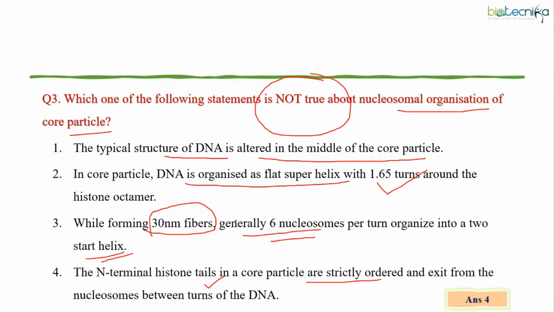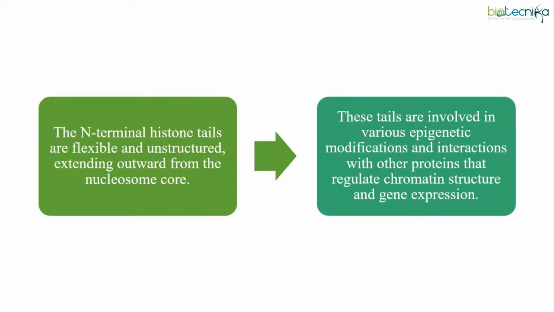So the correct answer over here is 4. Option 4 is incorrect: the N-terminal tails in a core particle are strictly ordered and exit from the nucleosome between the turns of the DNA. That is incorrect. N-terminal histone tails are flexible and unstructured, so they extend outward from the nucleosome core.